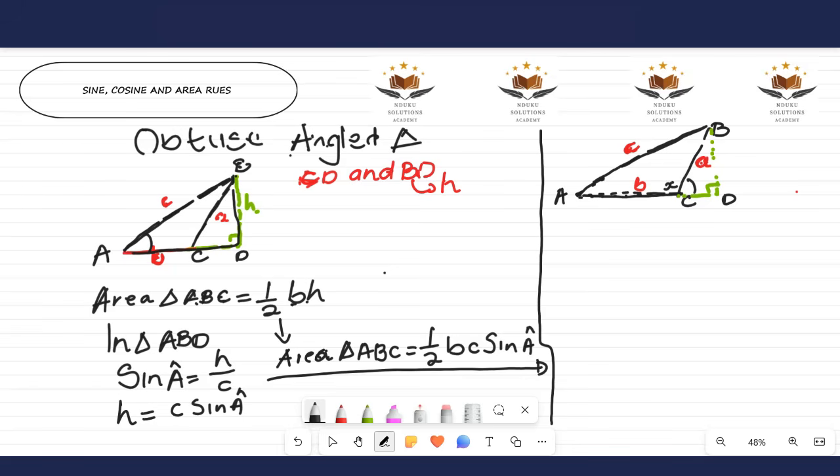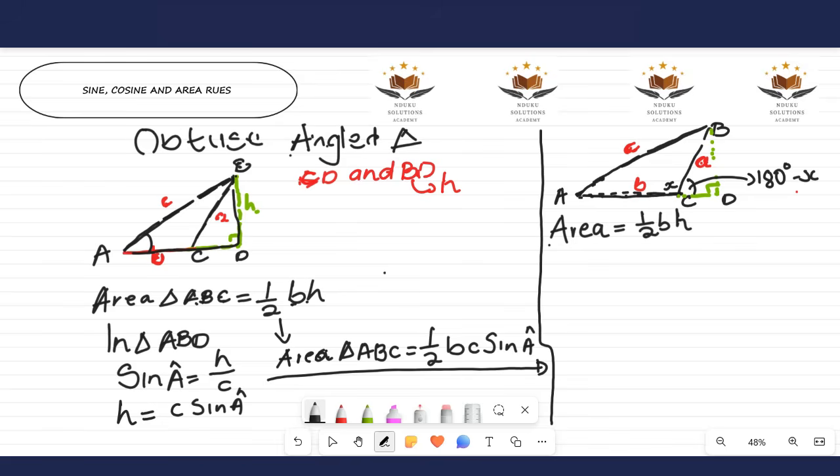And then this angle this side will be, because of angles on a straight line, 180 minus X. Remember I said the area will be 1 over 2 base multiplied by the perpendicular height.